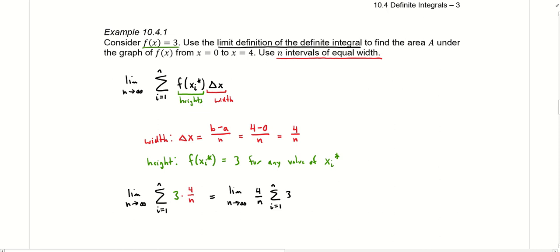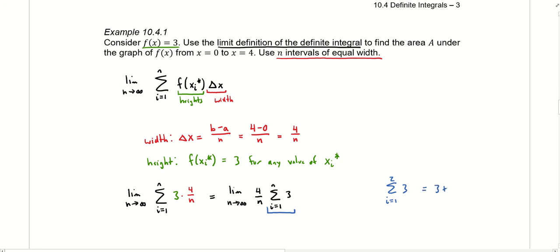Now I still have a sum in my limit calculation, which is a little bit weird. So is there a way that I can simplify this? Well, I'm taking the sum of a constant, 3, and I'm summing it n times. So what does that mean? Well, if I think about, let's say, the sum from i equals 1 to 2, that means I'm summing 2 3's.